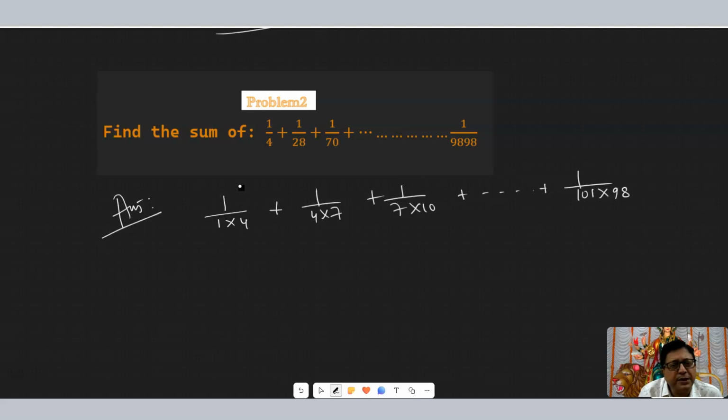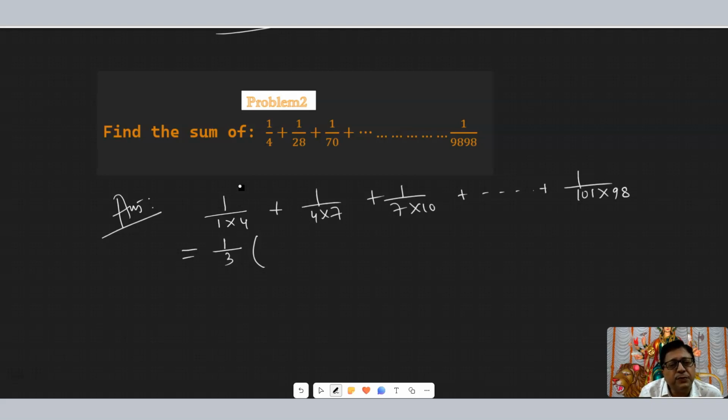101 into 98. Now the difference is 3 over there. Here also the difference is 3, just a product of two terms. So we can write it in this manner, multiply by the difference of these two. This we are going to apply for the next sum also, where we find a product of three factors.